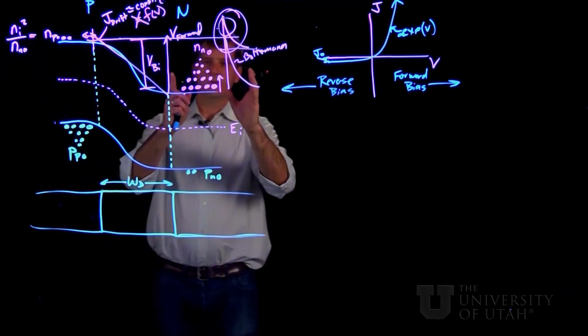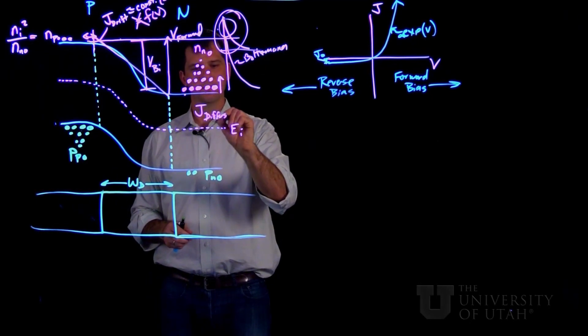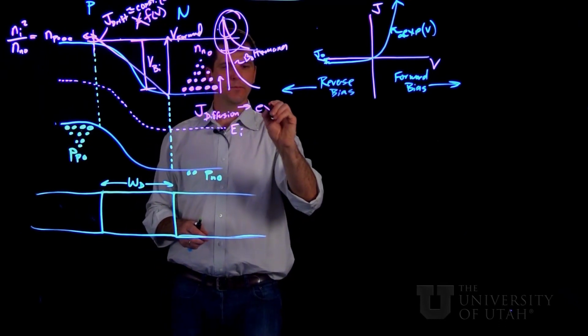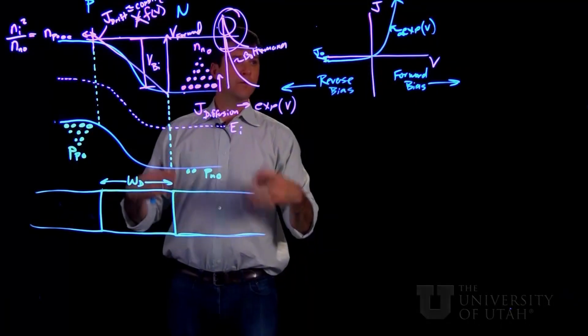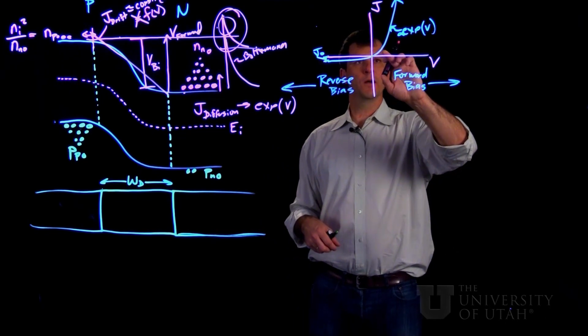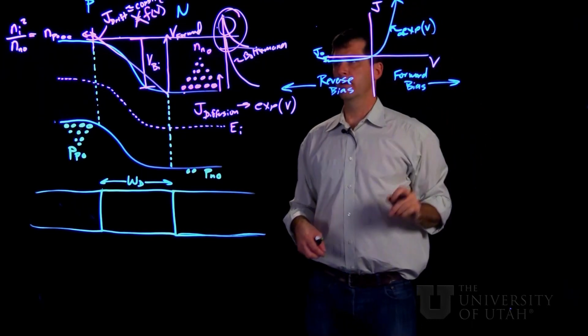Whereas the current, which is due to diffusion, is a strong function of voltage. This is exponential with respect to voltage. So this gives us our sort of physical or intuitive reasoning for why this total diode current takes off exponentially in forward bias.